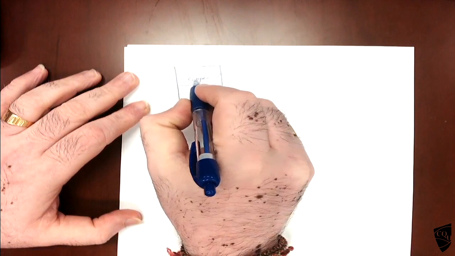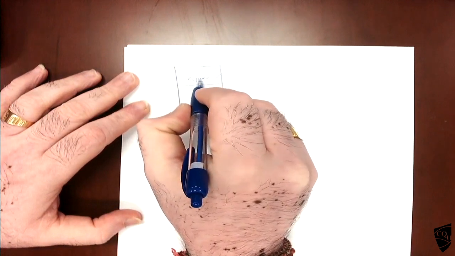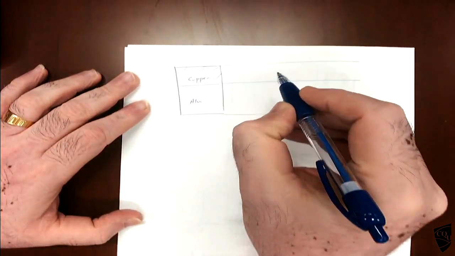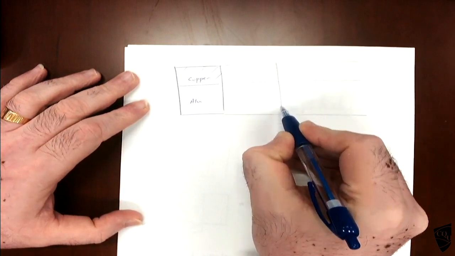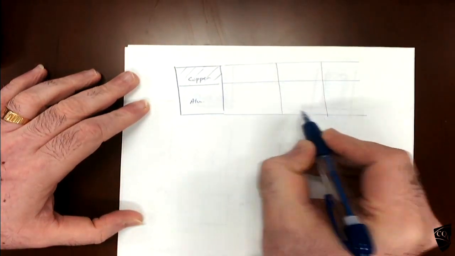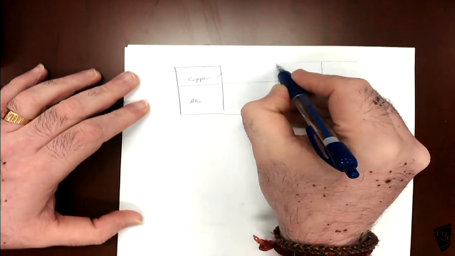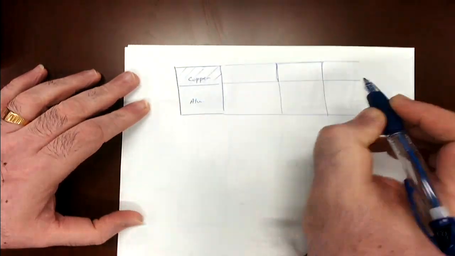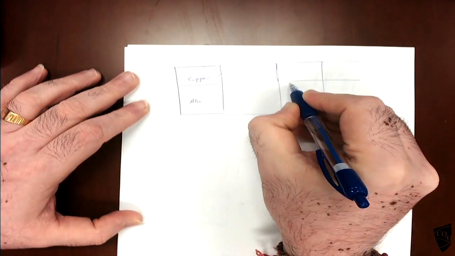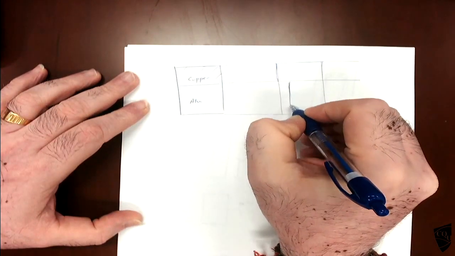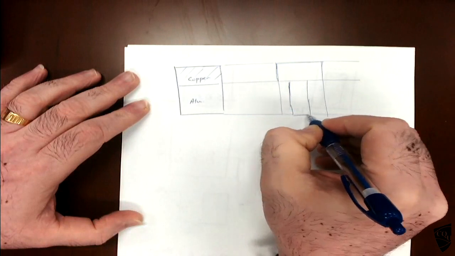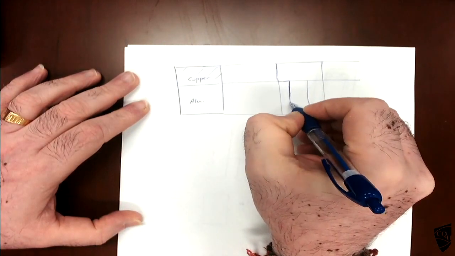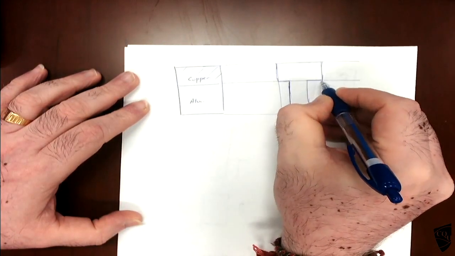Generally the copper has a larger E value. So if you want to transform the whole material into copper, the copper will stay as it is, and for the aluminium we need only a little bit less, so we transform the area like this.